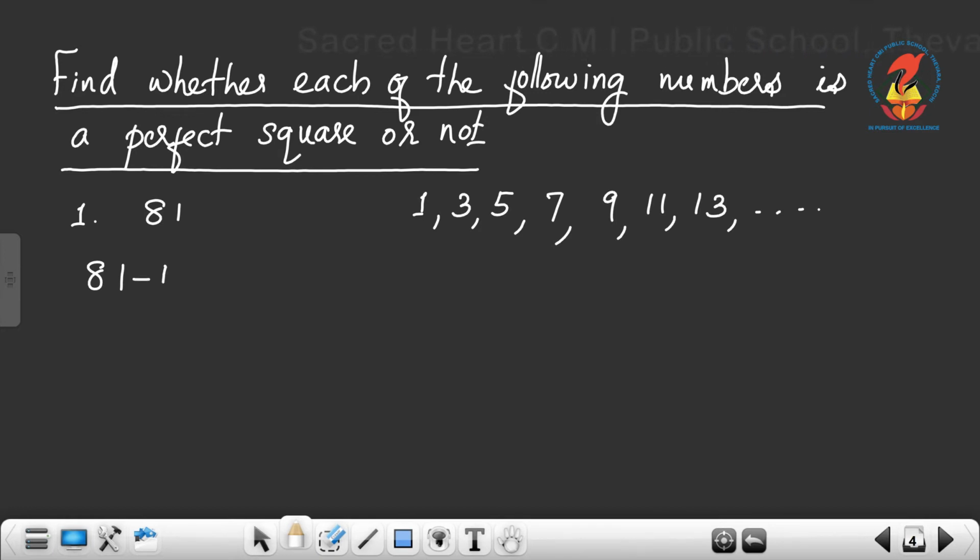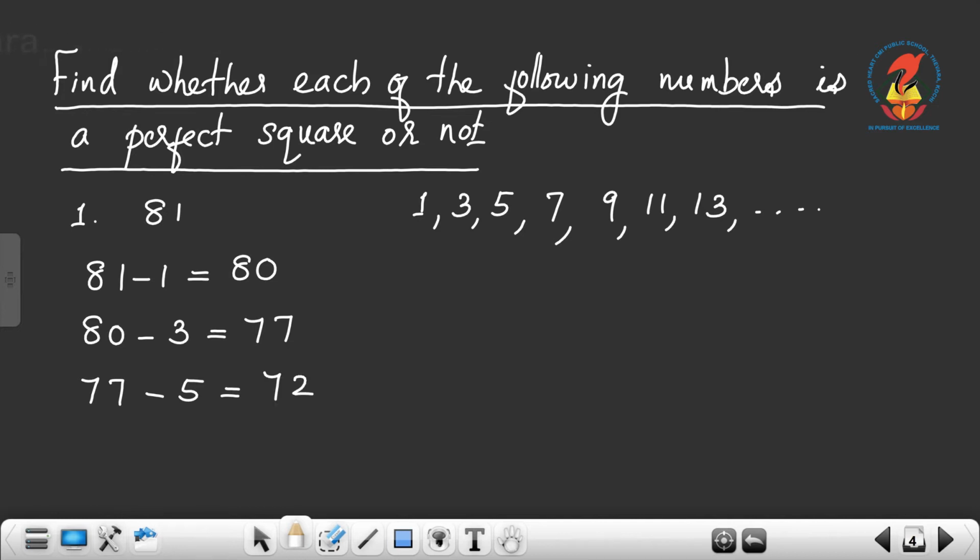Then 81 minus 1. What is 81 minus 1? 80. Then 80 minus 3 equal to 77. Now next, 77 minus 5 equal to 72. Then 72 minus 7 equal to 65.